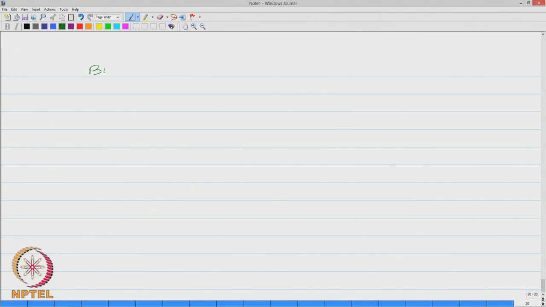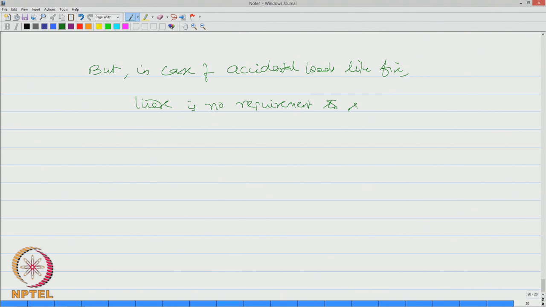But in case of accidental loads like fire, there is no requirement to satisfy any serviceability limit state.